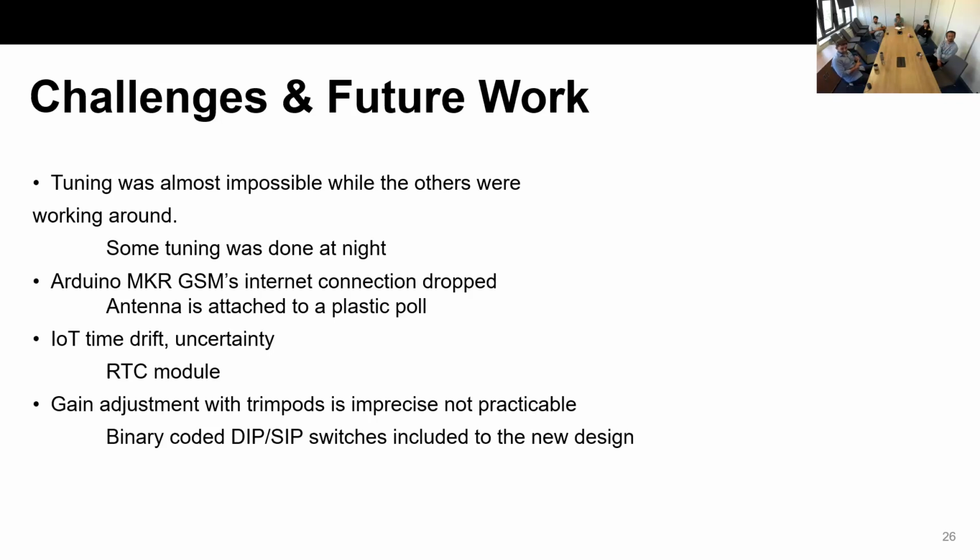So for the next system, I used binary coded DIP switches. I used 4 bits, giving 16 binary coded positions. So it has 16 positions, and if all 4 bits are connected to, say, a resistor line, choosing resistance, it provides you the resistance from a high value to a low value.